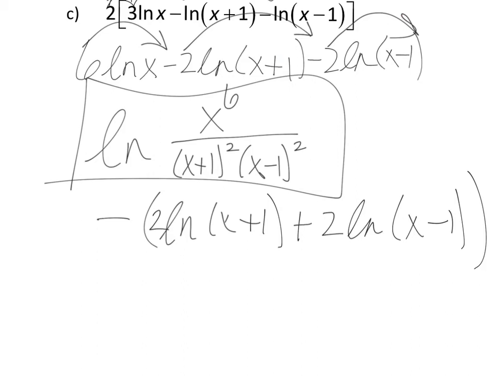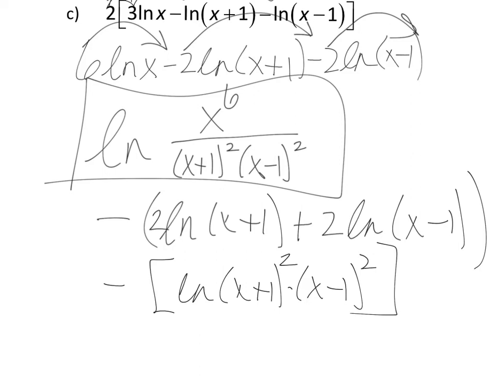I factor out a negative, and then inside I have natural log (x plus 1) squared times (x minus 1) squared. And now this negative gets distributed in, which puts a negative right there, as this is now a part of that.